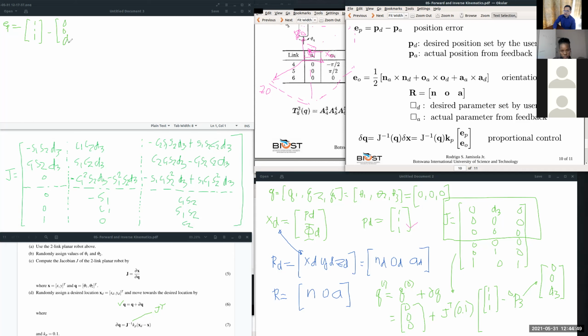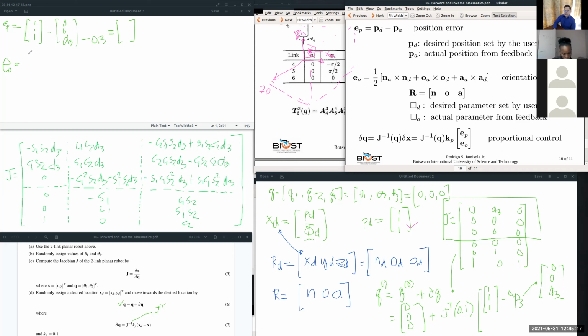D3 is not stated on what it is. Well, let's just assume D3 to be 0.3. Then you can have your error in the position already. Now our question is the error in the orientation.